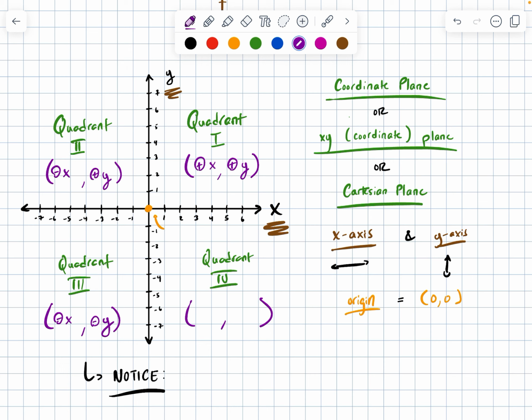In quadrant 3, both x and y are negative. And in quadrant 4, while our values of x switch back to positive because I've moved to the right, the values of y, I'm still in the bottom part of my graph, are negative.